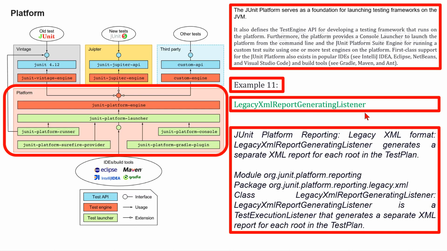Considering JUnit platform, the legacy XML format in JUnit platform reporting. The legacy XML report generating listener generates a separate XML report for each root in the test plan. Class LegacyXmlReportGeneratingListener in package org.junit.platform.reporting.legacy.xml in module org.junit.platform.reporting. It is a test execution listener that generates a separate XML report for each root in the test plan.